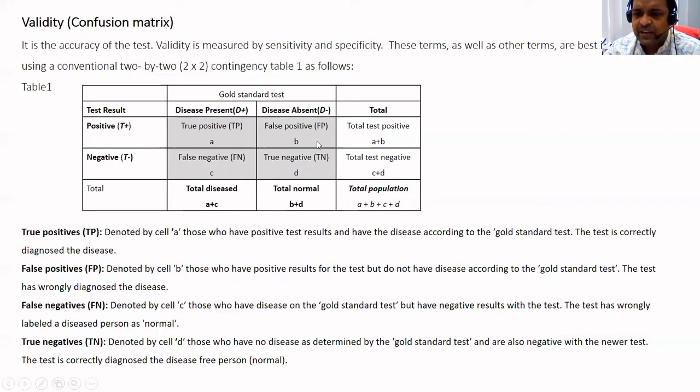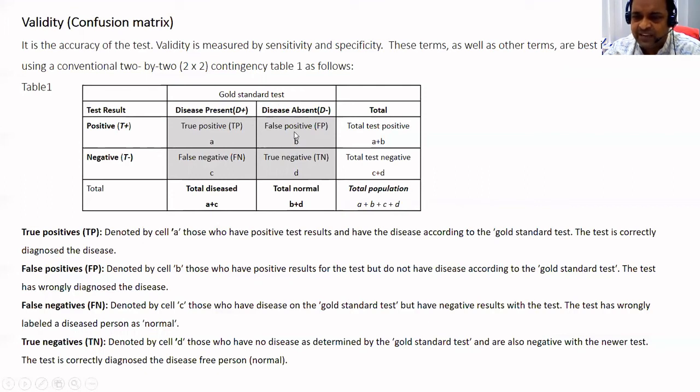And cell B is false positive. The laboratory test result found that the patient has the disease, but actually the gold standard test found that the patient does not have the disease. That is called false positive.